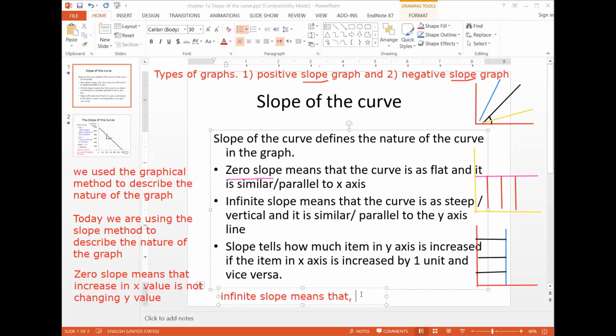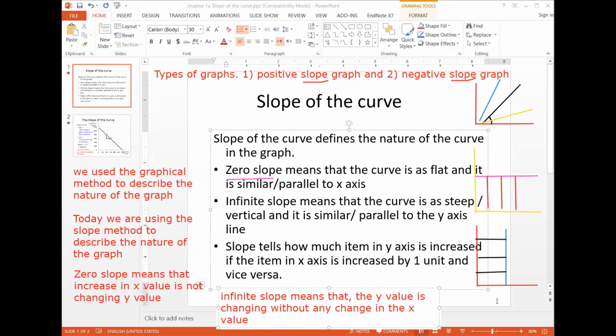Infinite slope means that the y value is changing without any change in the x value.